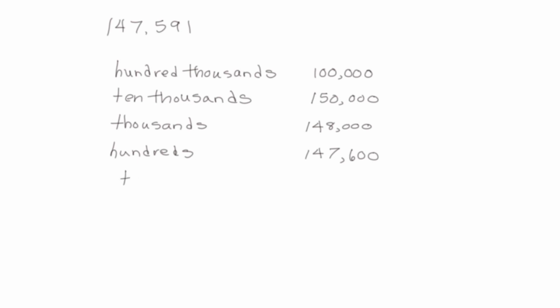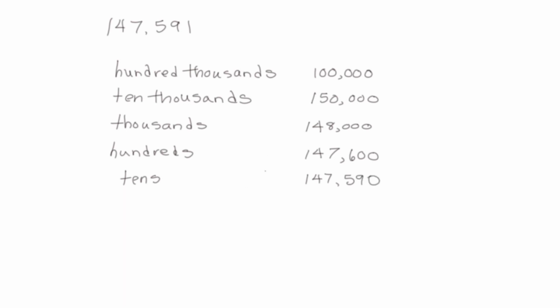And then finally, I can round to the tens place. So my 100,000s, my 10,000s, my thousands, and my hundreds stay the same. I'm looking at 9 tens, and I can either have 9 tens or 10 tens, but 91 is much closer to 90 than it is to 100, so I'll stay with 9 tens.